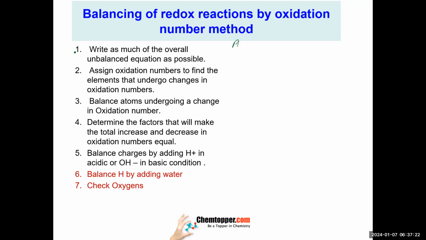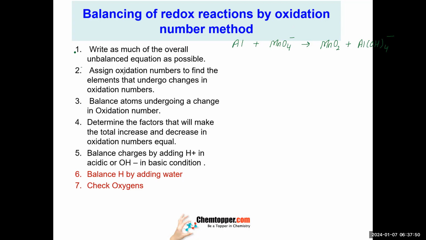So aluminum plus permanganate, this is permanganate ion, giving you manganese dioxide plus aluminum hydroxide with 1 minus. This is the unbalanced equation.